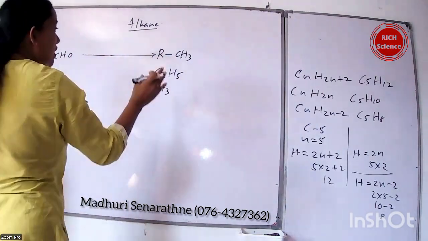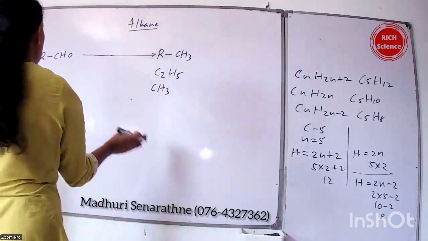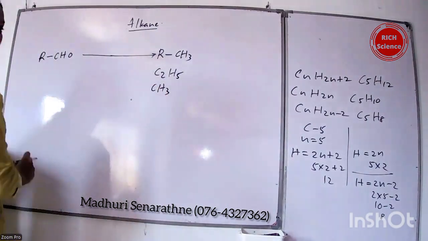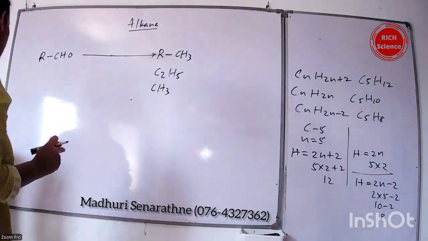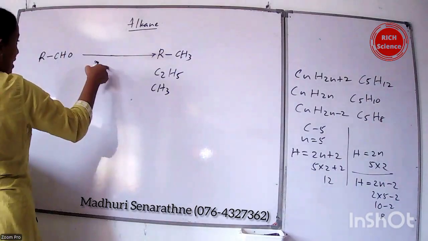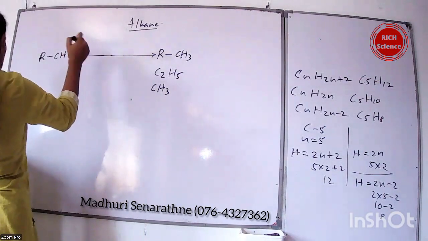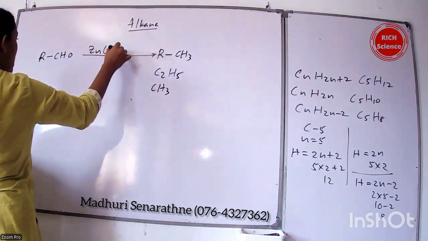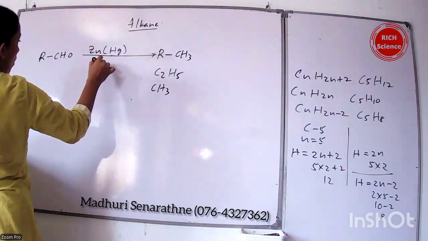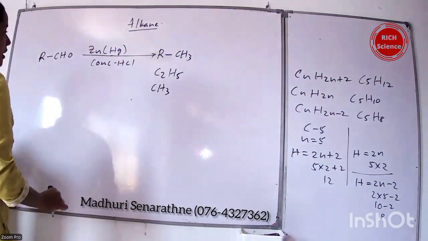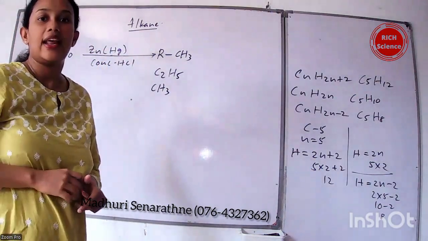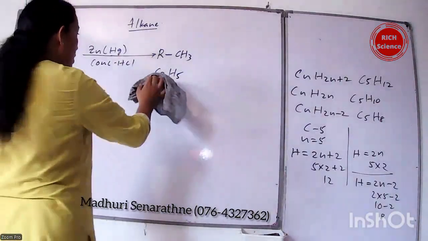If we want to synthesize an alkane, we should use the same carbon containing aldehyde, and this is called Clemmensen reduction. Zinc amalgam, HCl. That is how an alkane is produced.